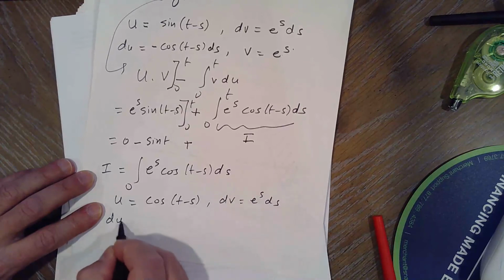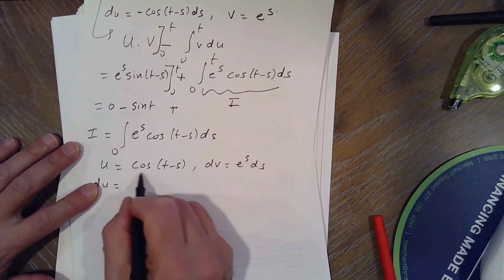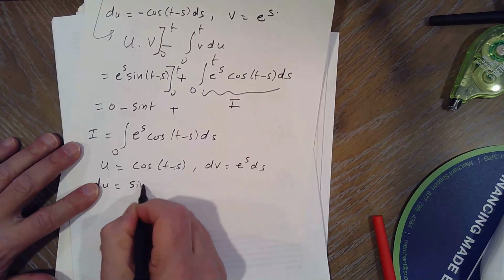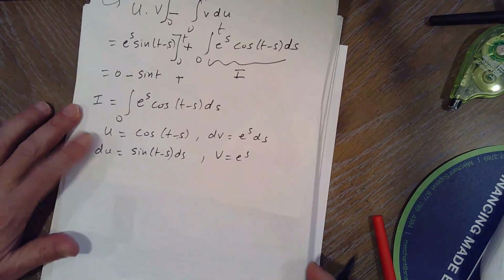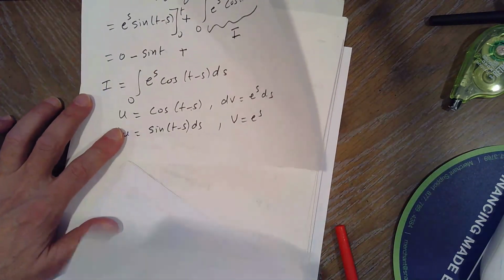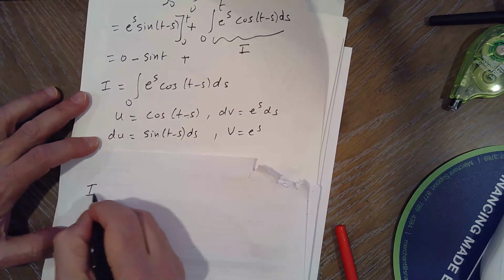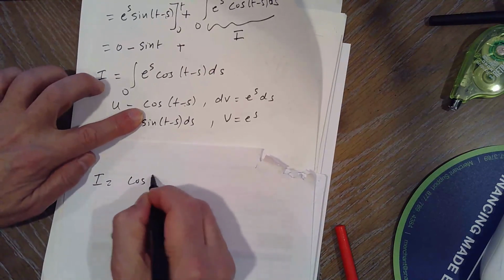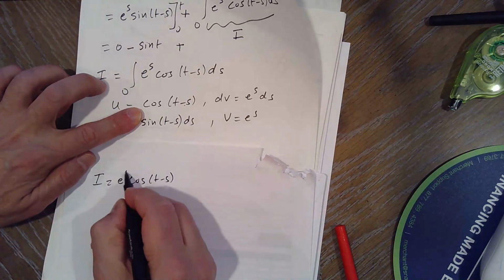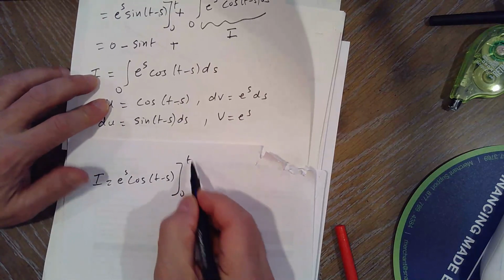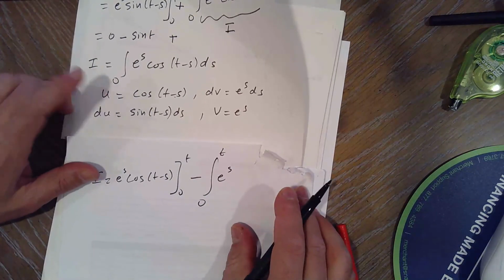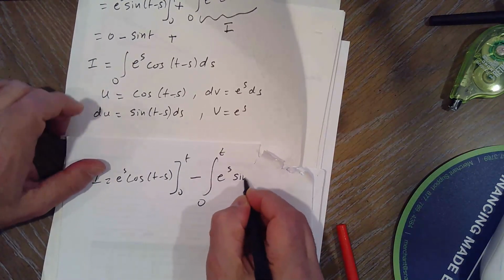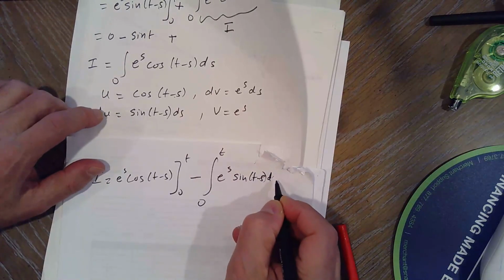So du is the derivative of cosine, which is negative sine, but then times negative 1, so it's sine of (t minus s) ds. v equals e to the s, so I equals u times v, which is e to the s between 0 and t, minus the integral from 0 to t of v du, which is sine of (t minus s) ds.